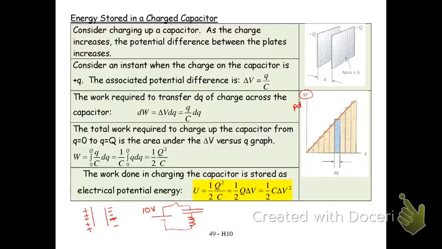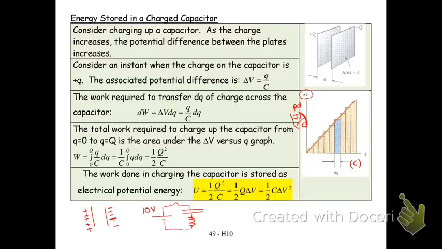Now let's think about units. Voltage was joules per coulomb. And what is charge measured in? Coulombs. If I take joules per coulomb and divide it by coulombs, so I get the slope, I'll get joules per coulomb squared.